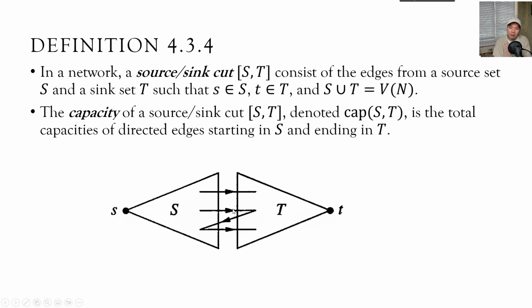This edge, its capacity would be included. This third edge right here, I would not include its capacity. Again, I'm only caring about the edges that start in S and end in T. This edge in particular starts in T and ends in S. So I'm not including it in my capacity of the cut. And then this fourth edge will be included because it starts in S and ends in T. So just a quick definition about the source sink cut and its capacity. So why did I introduce this definition? Now we're going to talk about a major theorem in network theory.